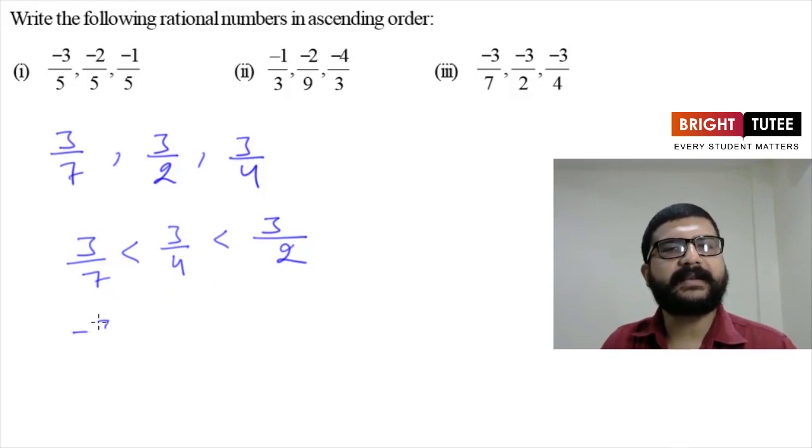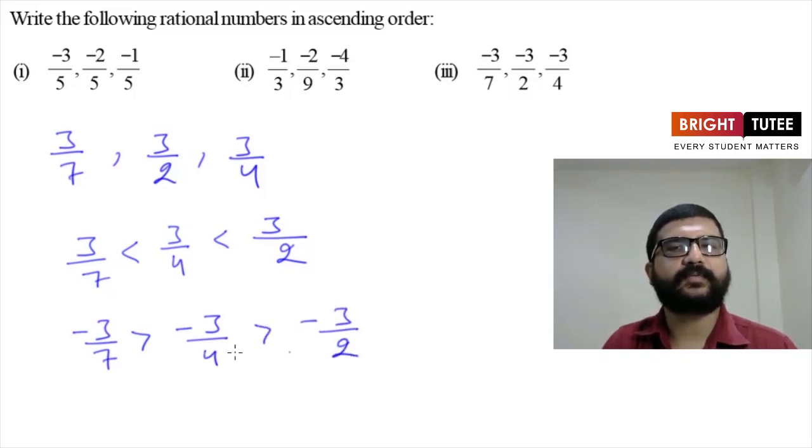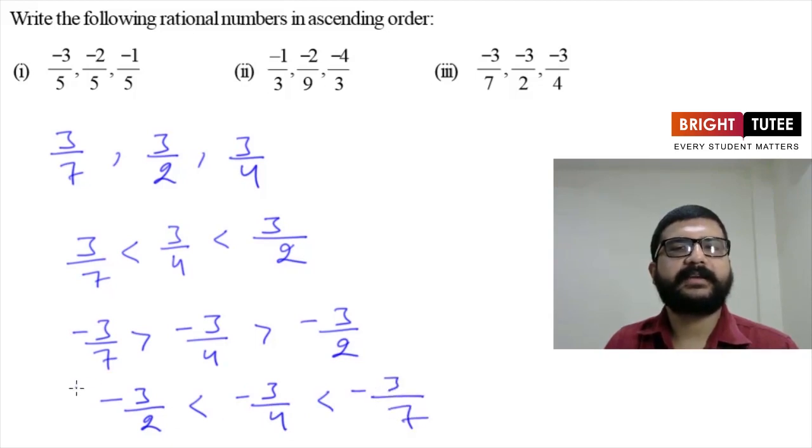Then it will be like this: minus 3 upon 7 is greater than minus 3 upon 4 is greater than minus 3 upon 2. So here the smallest one is minus 3 upon 2, and then minus 3 upon 4, and then minus 3 upon 7. So this is the ascending order of given numbers.